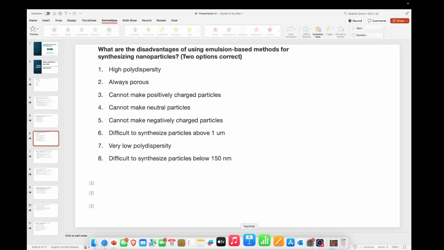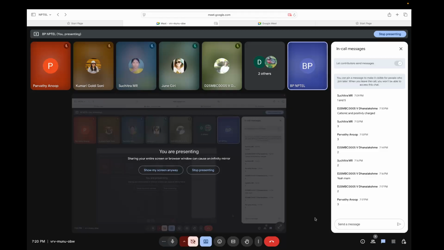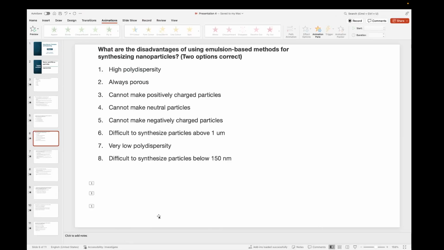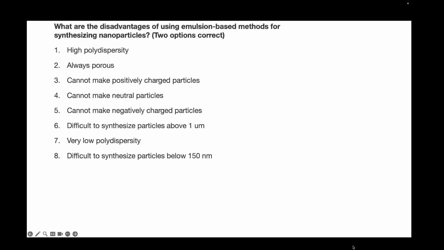Anybody would like to answer? What are the disadvantages of using the emulsion based methods for synthesizing the nanoparticles?